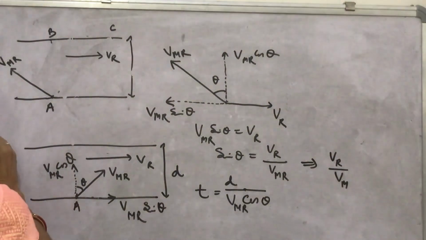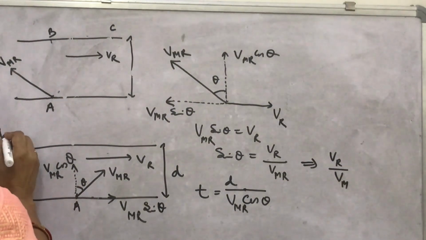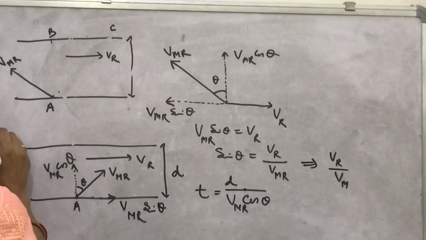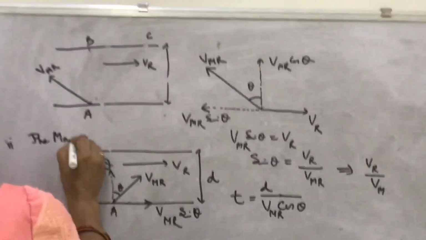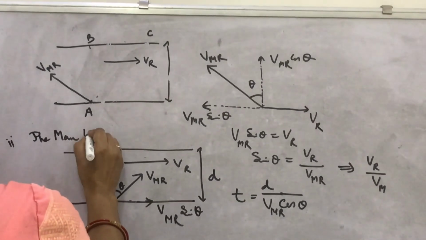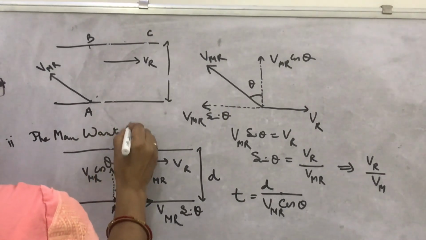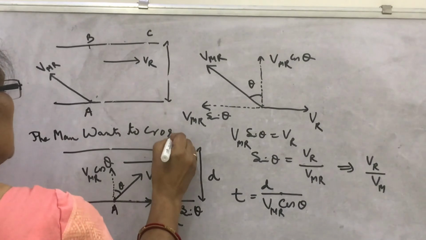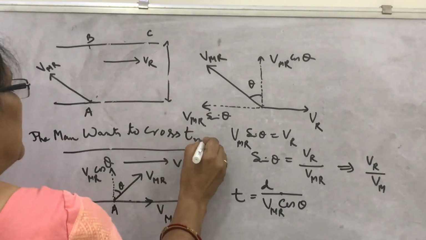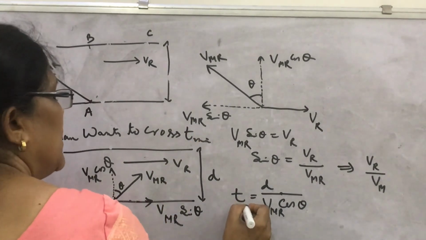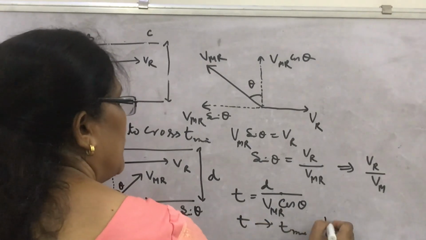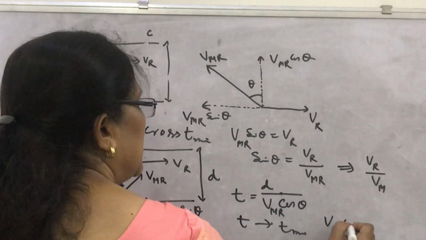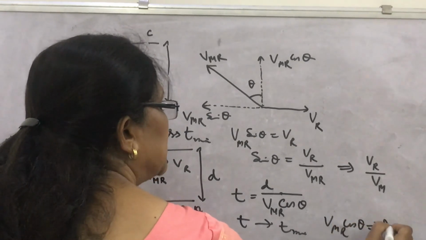In this case, second case you are discussing, the man or swimmer you can say, wants to cross in t minimum. So if t is t minimum, then VMR cos theta should be maximum.